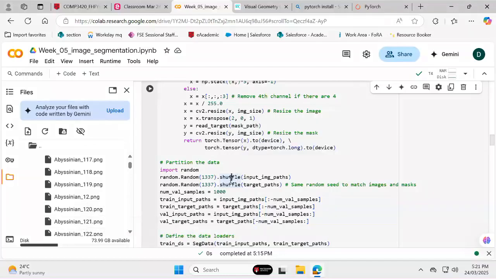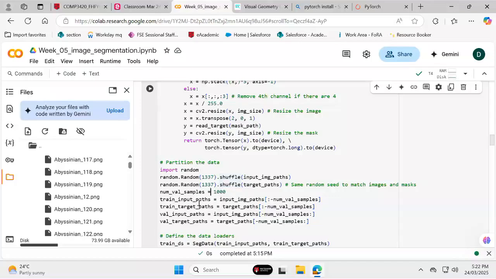You shuffle, and then you shuffle the targets, and you use the same random seed on both of them so that the shuffle is identical on the 2 different lists. So this is important, to have the same random seed. Otherwise, you shuffle this, you shuffle that, with different random seeds, and they don't align, the mask, the target with the images. So be careful with that.